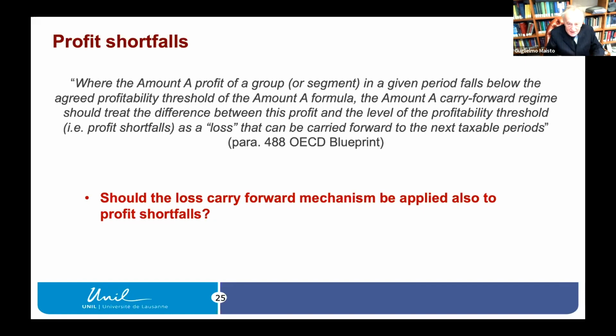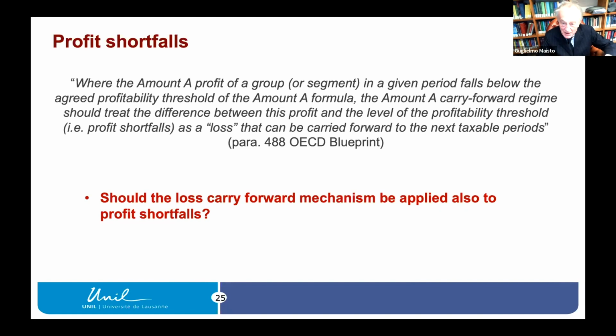And here the blueprint is putting the issue forward by asking whether the same mechanism of losses carried forward would have to apply to profit shortfalls, so that any deficiency in one year could be used to offset extra profit in later years for determining the Amount A to be allocated to the source state.